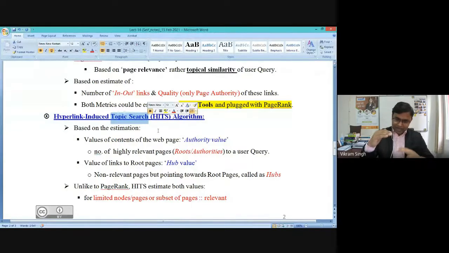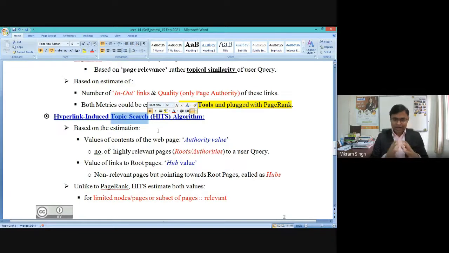The remaining 70 or 80 pages, except these root and authority pages, are considered hubs, because they also have their links onto these authority pages. So these hubs and roots both are considered for estimating the rank of a certain web page.